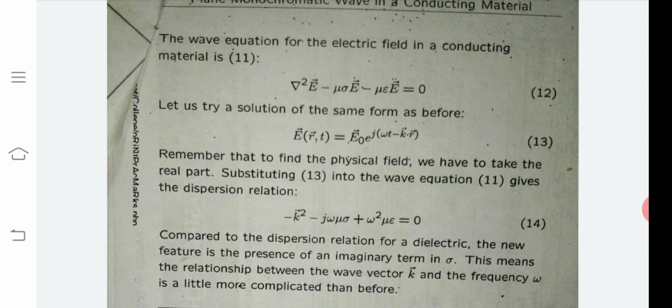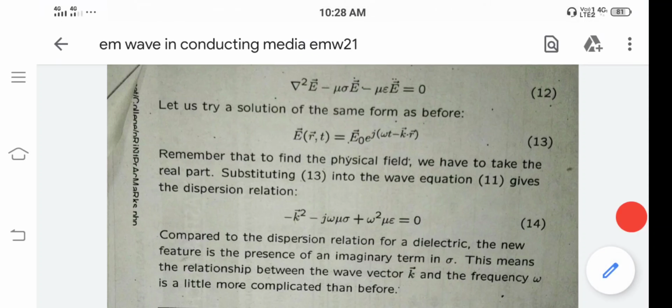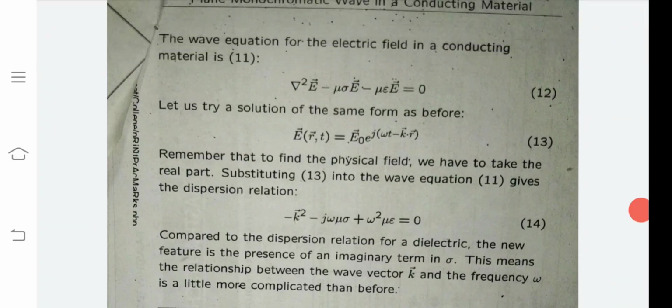This gives minus k square plus j omega mu sigma plus omega square mu epsilon equals 0. In comparison to a dielectric, the new feature is the presence of an imaginary term in sigma. This means the relationship between the wave vector k and the frequency omega is a little more complicated than before.